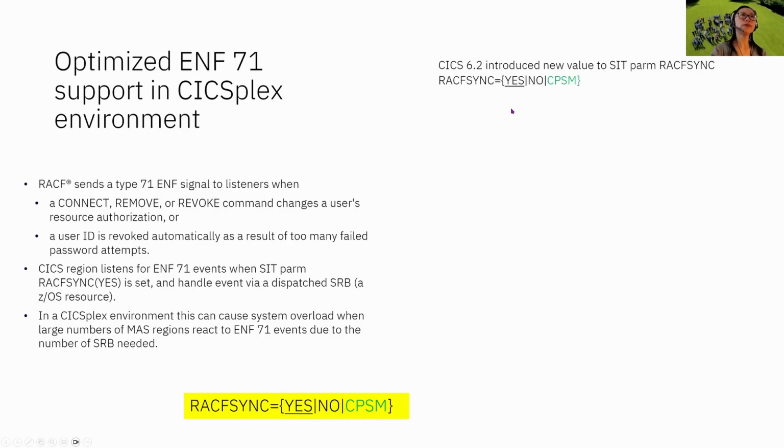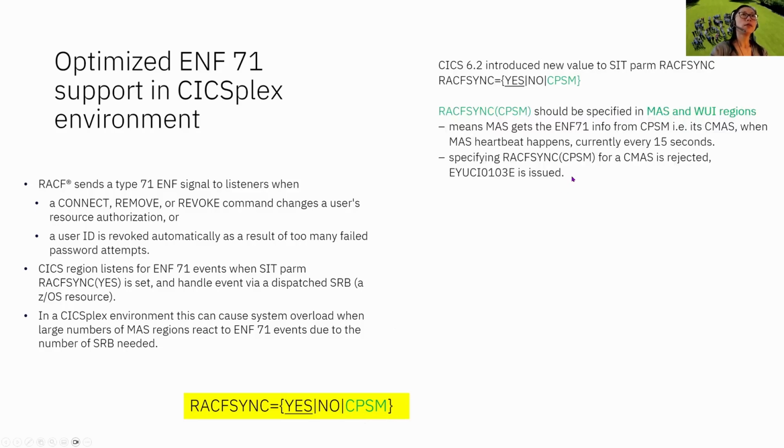With this new option, you can specify it on the MAS regions. Instead of themselves processing ENF71, the MAS will get those ENF notified events and process them from CPSM, from the CMAS, when the heartbeat happens, which is currently every 15 seconds.